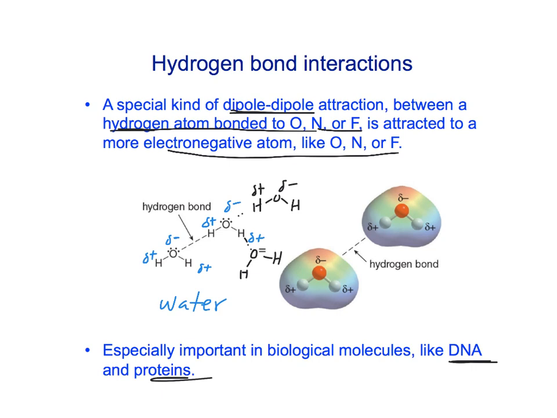So try these two problems here to identify what are the important attractive forces for these various types of molecules. In the next video, we'll see how we can apply these intermolecular forces to the physical properties we observe for different organic molecules.